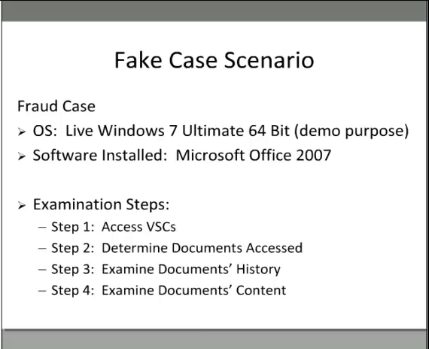So, continuing on with some more background about the fake case. The system that this person was using, his name was Corey. That way I don't offend anyone else, I'll just use my own name. The system he's using is a 7 Ultimate 64-bit, and this system is also live. It's live just for demo purposes.